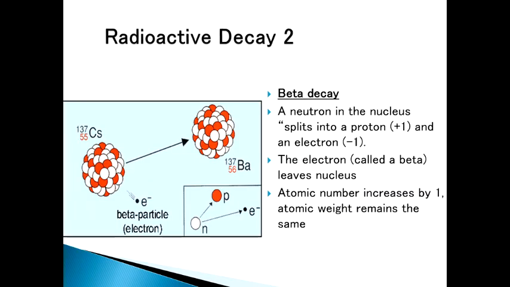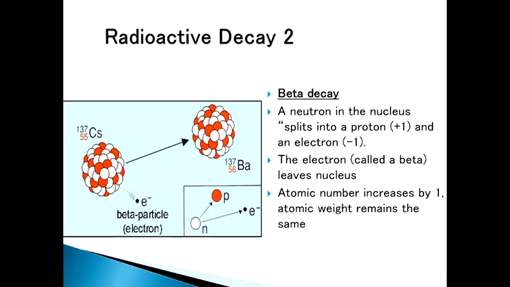There is a second type of radioactive decay, and that is beta decay. In beta decay, a neutron in the nucleus will just split. And if you think about it, if a neutron is 0, well, a proton is +1 and an electron is -1. Well, if you add a proton and an electron together, they cancel each other out and they become 0, or a neutron.